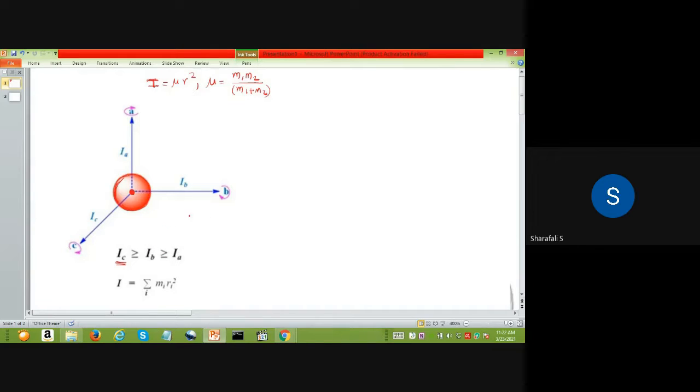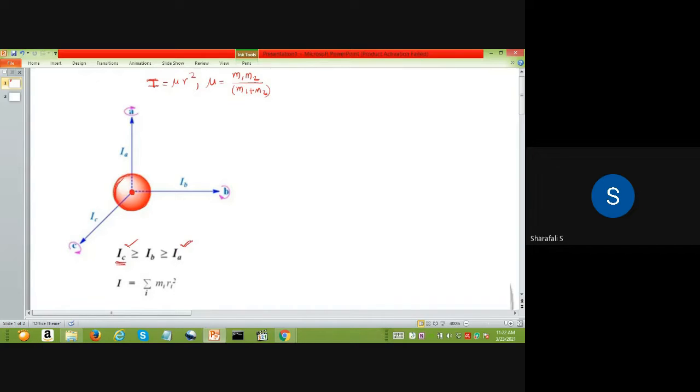Which means that in a particular molecule, with three different axes, the axis having the largest moment of inertia is denoted by IC, and the lowest moment of inertia axis will be denoted by axis A, with corresponding moment of inertia IA.